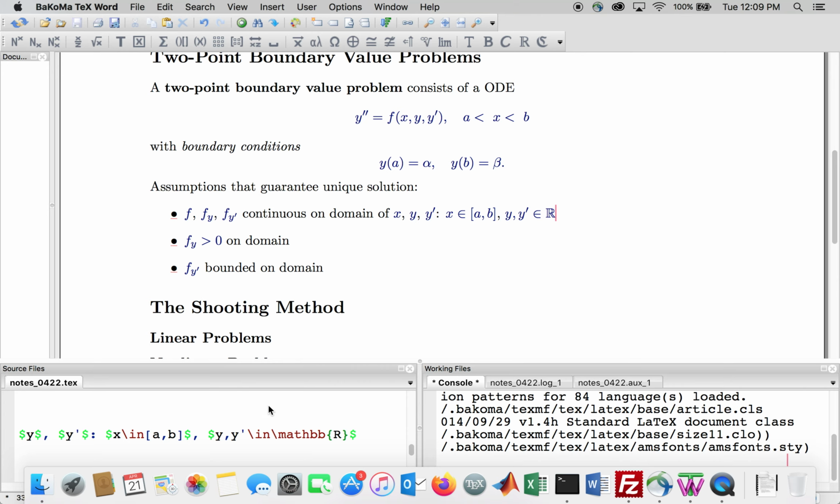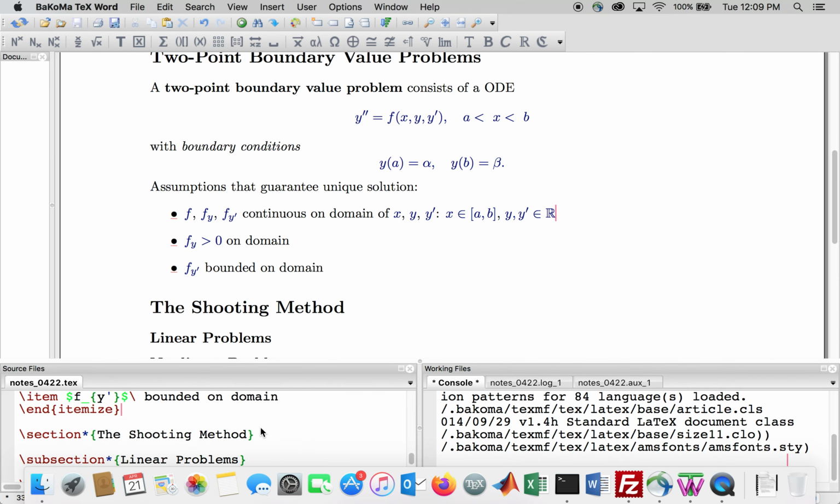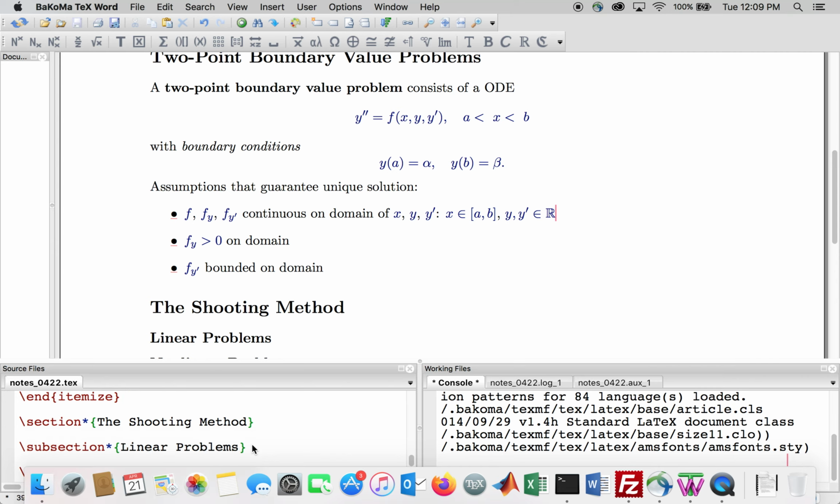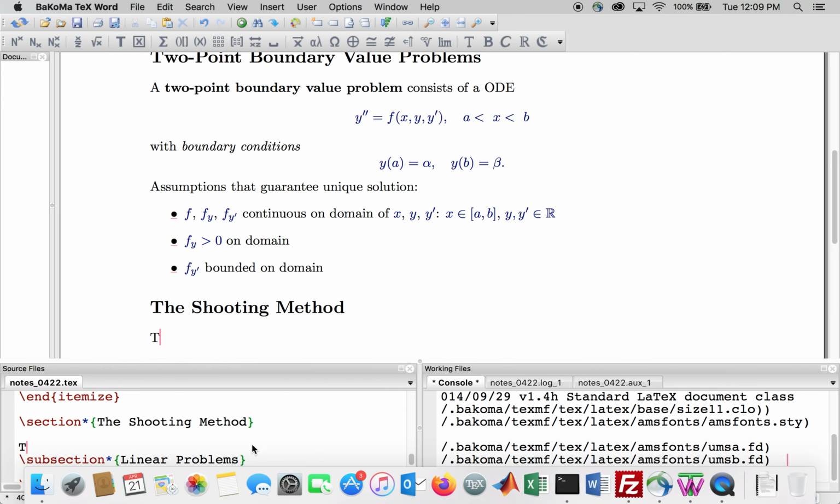Now we're going to see two very different approaches for solving this kind of problem. One under consideration in this section, 13.1, is the shooting method.